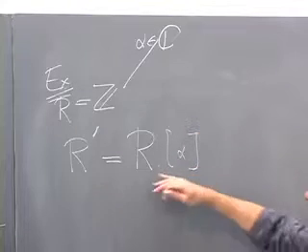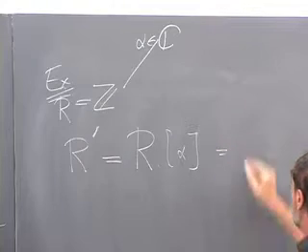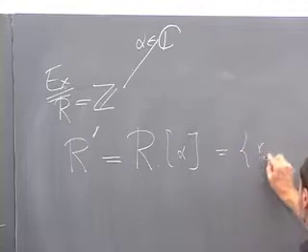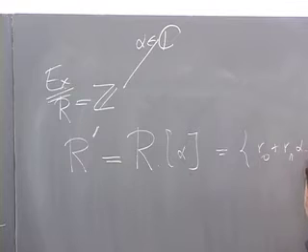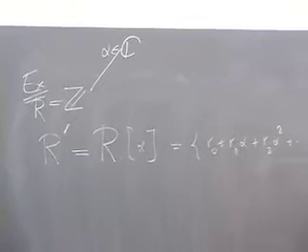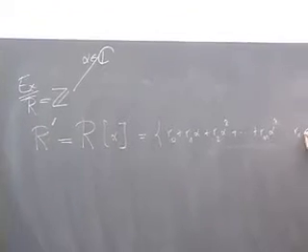So this would be the ring consisting of things of the form R0 plus R1 alpha plus R2 alpha squared plus up to Rn alpha to the n, where the Ri's are in R.